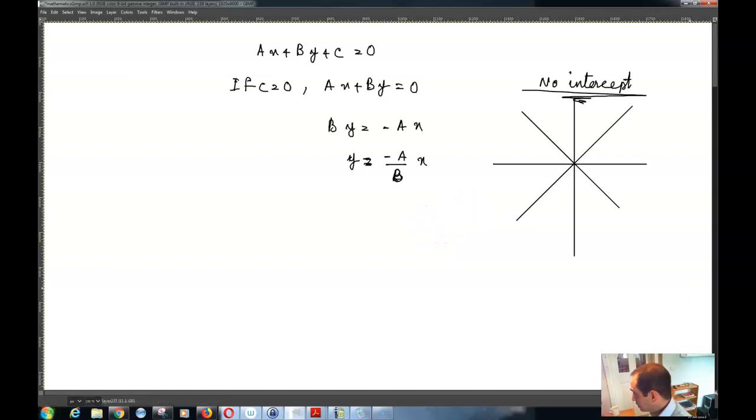So that's basically that. Now there is one more thing that we have, which is some other formula for these lines that we derived, if you remember.